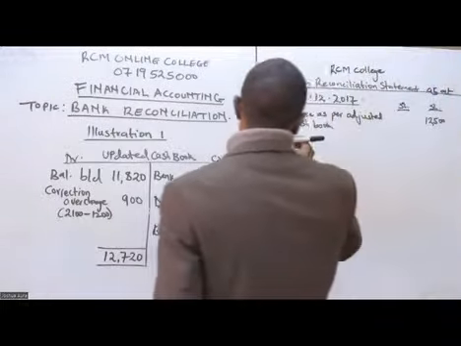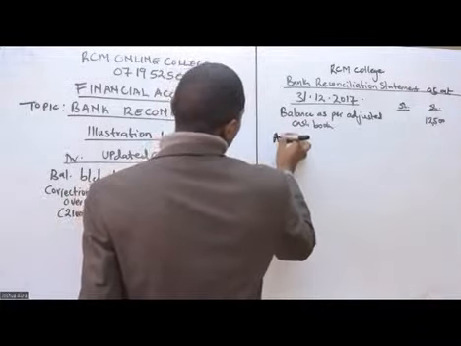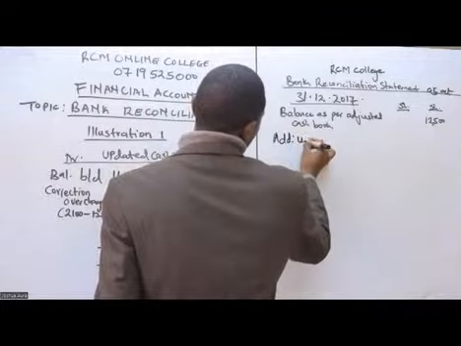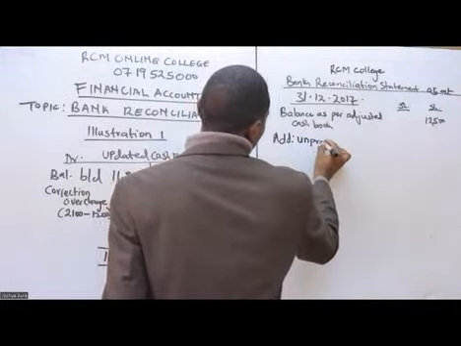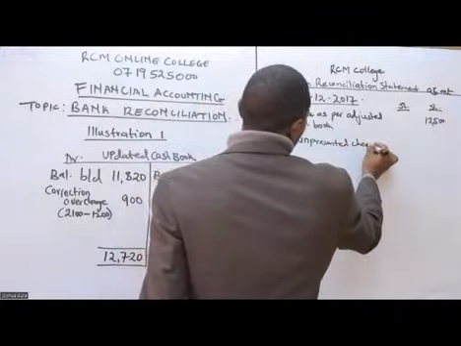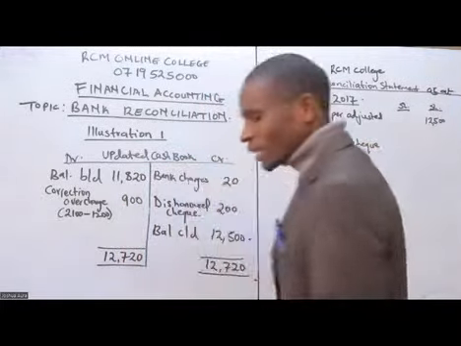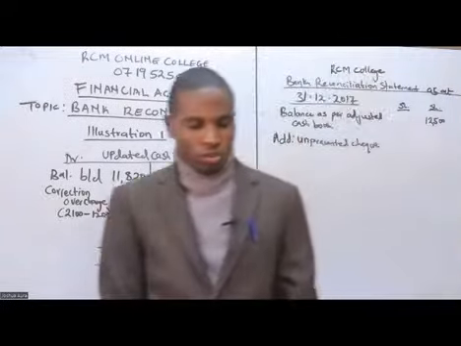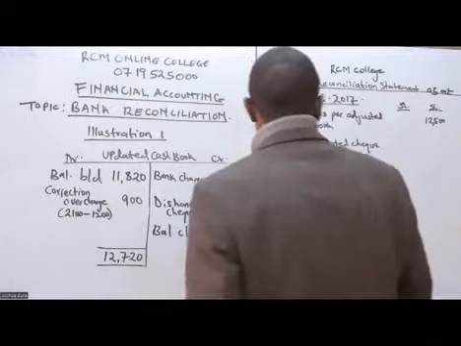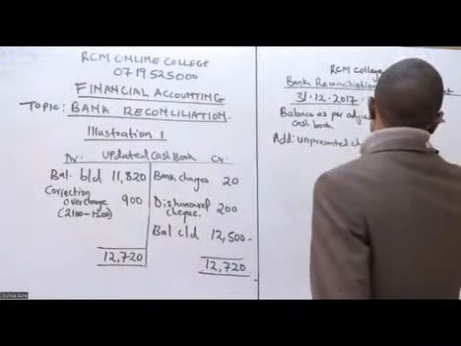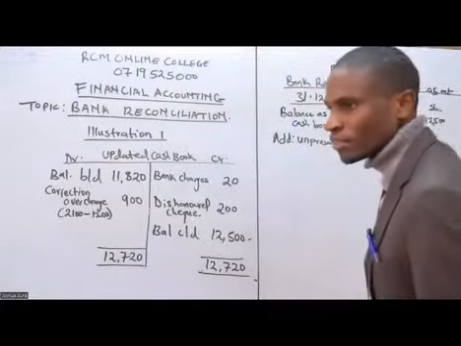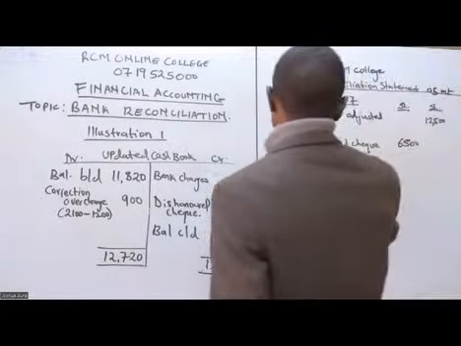Then you have to add any unpresented check. In our case, you can see from the question that we had an unpresented check of 6,500. We did not have any error.